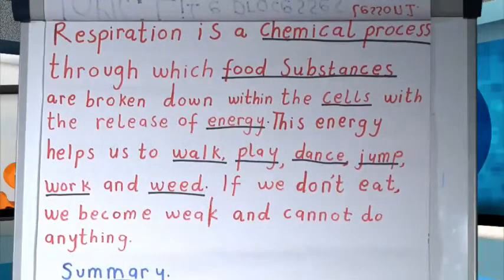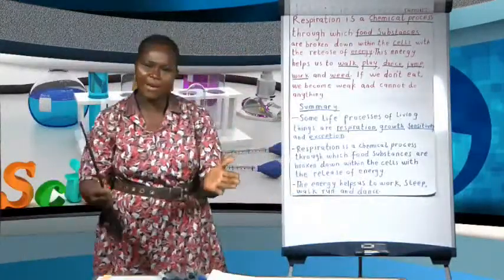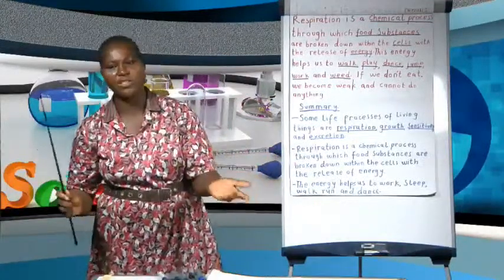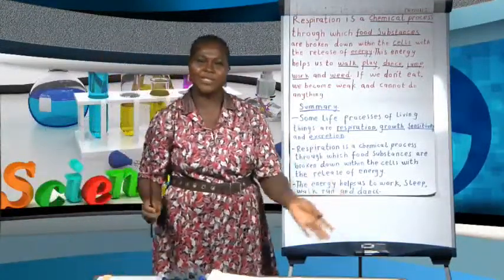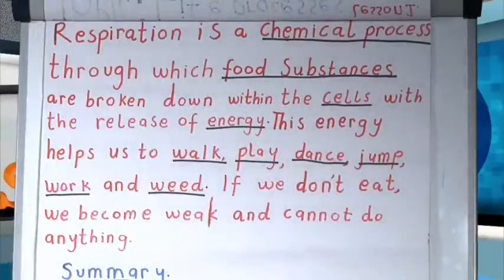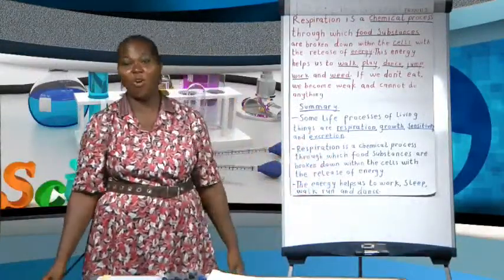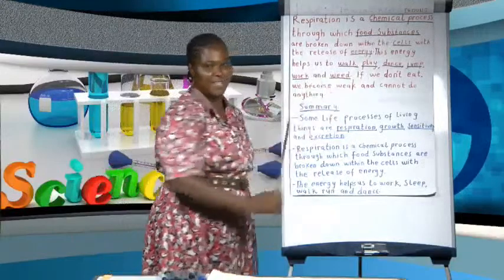We have egusi is also a food substance. Vegetables like cabbage, carrots, French beans, lettuce, they are also what? Food substance. We have other food like what? Fruits, mango, pineapple, pear, and others. They are all food substances.